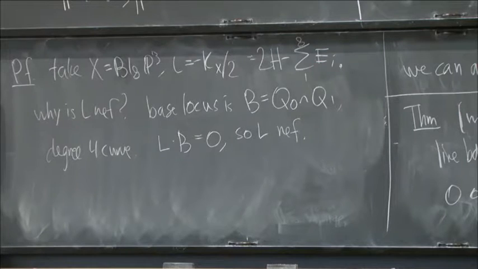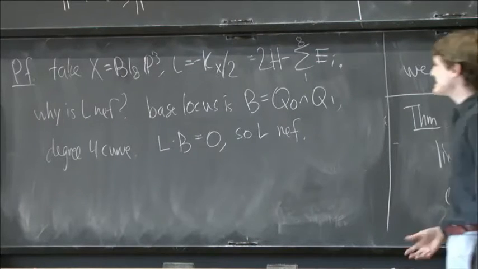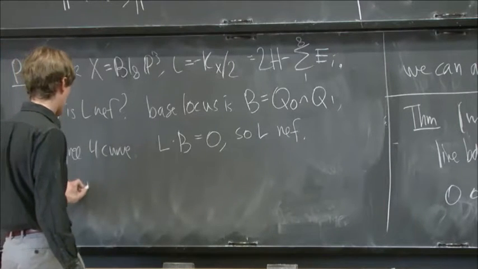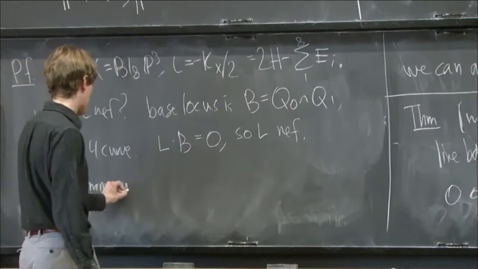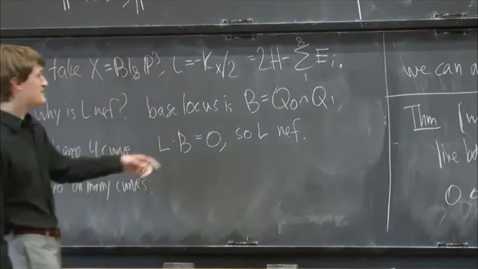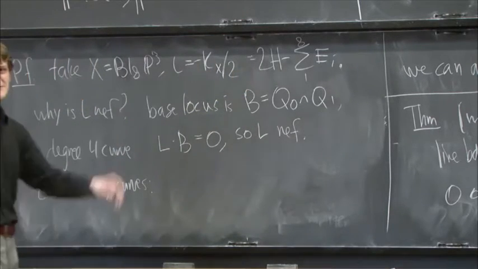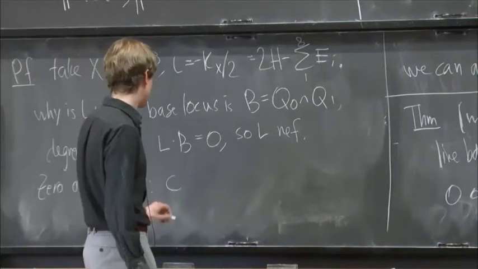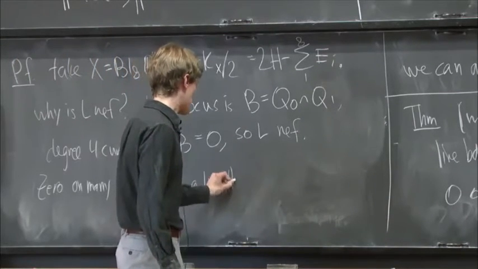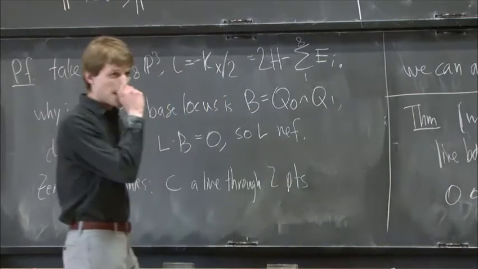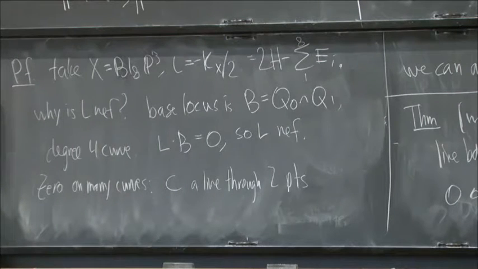What about curves that it's 0 on? Just at first glance, it's easy to find some curves it's 0 on. For example, if I take a line through 2 of my 8 points, that's a curve in the class h minus e1 minus e2. But L dot that line is 0. I could take a twisted cubic through 6 of my 8 points.